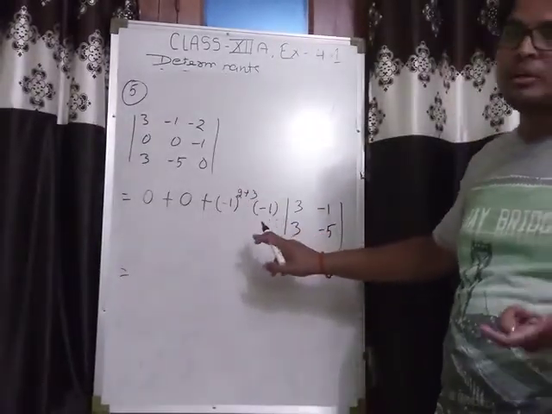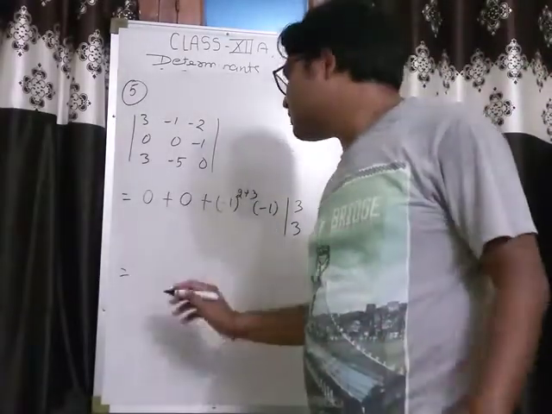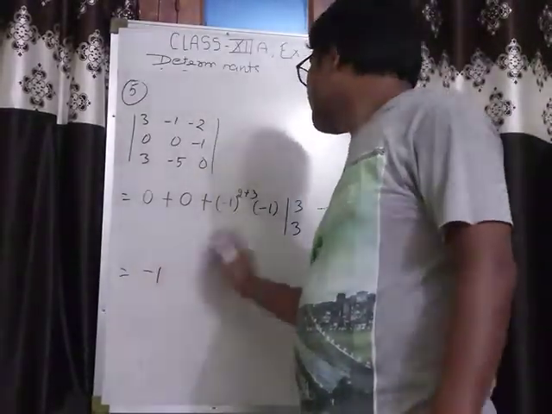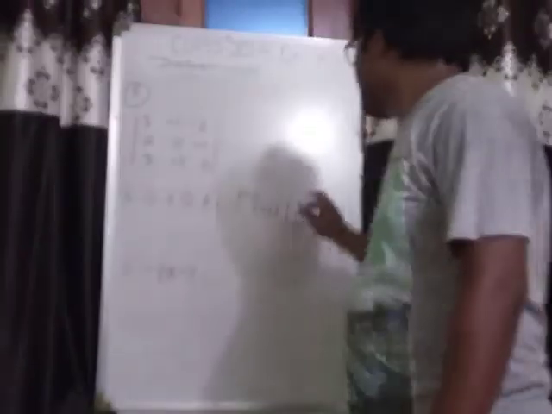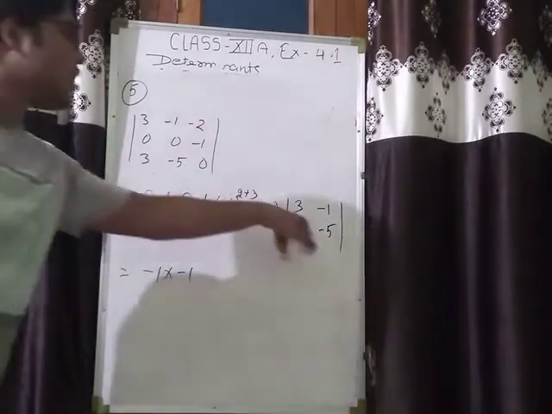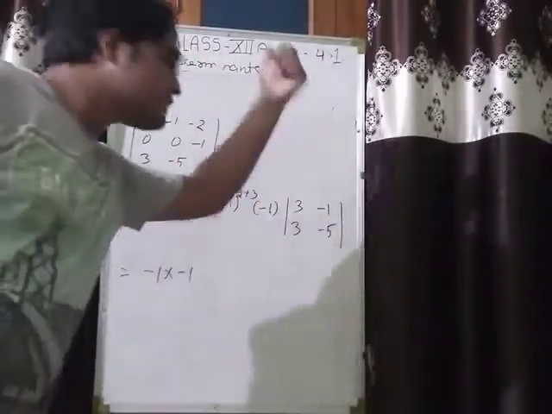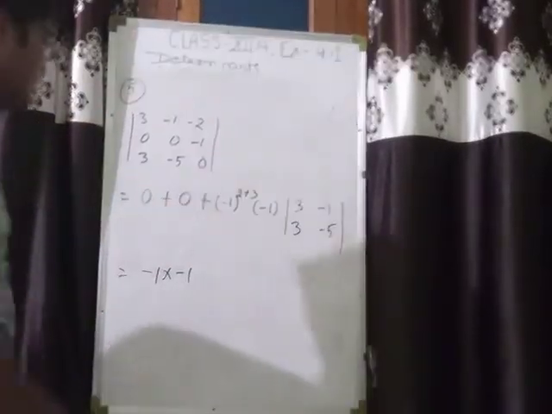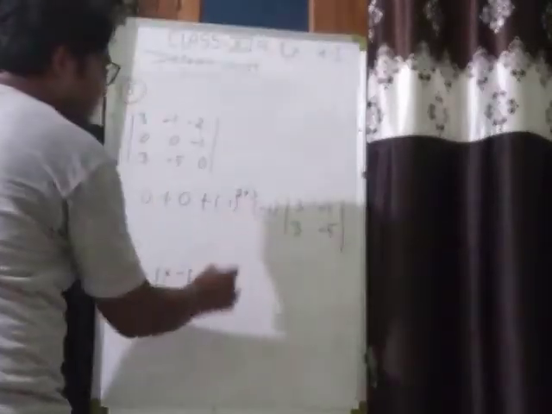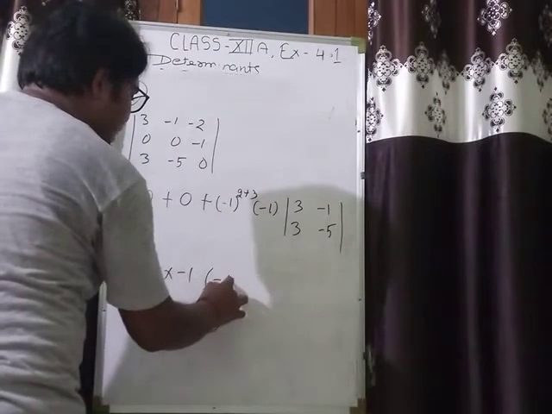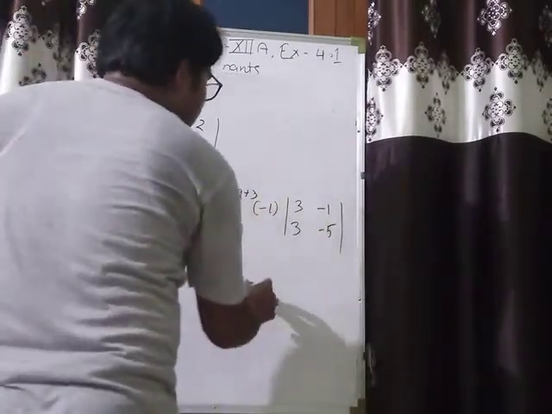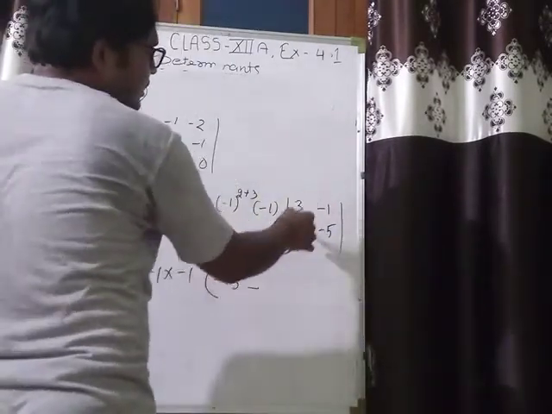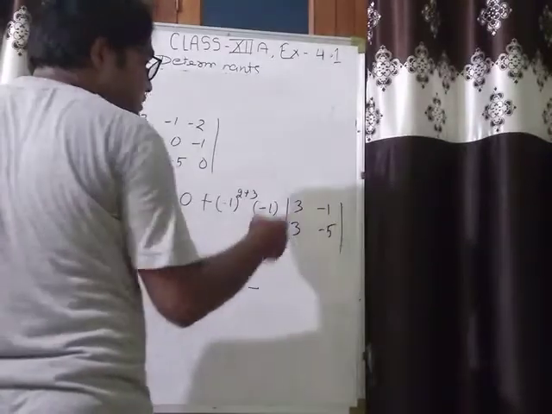5 is an odd number, so -1 to the power odd number is -1, into -1, and now this is a square matrix of order 2, and we have to find out its determinant. So how can we find out its determinant? By multiplying its diagonal entries, that is 3 into -5, that is -15, minus its off diagonal entries 3 into -1, that is -3.